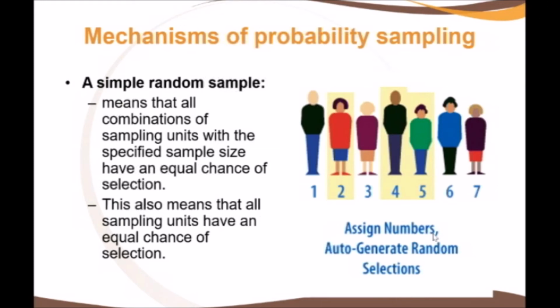You allocate them numbers, and then you use, like, Microsoft Excel, which can generate random numbers. Then it will just give you which numbers you should select. Then you go to the population. It will give you maybe 2, 3, 1. The people you have assigned those numbers to are the ones that you select and include in your study, and they become your study sample.